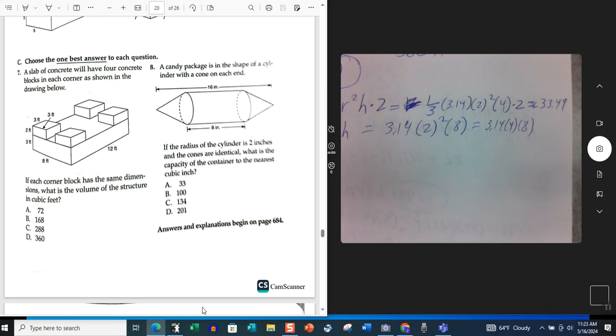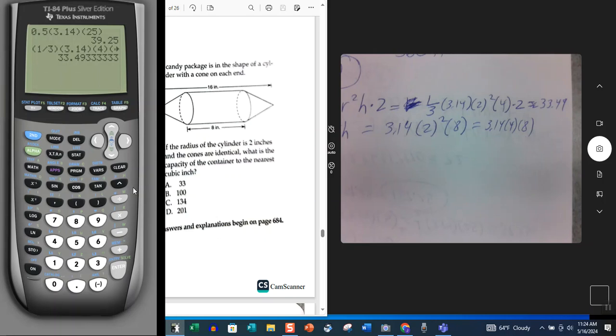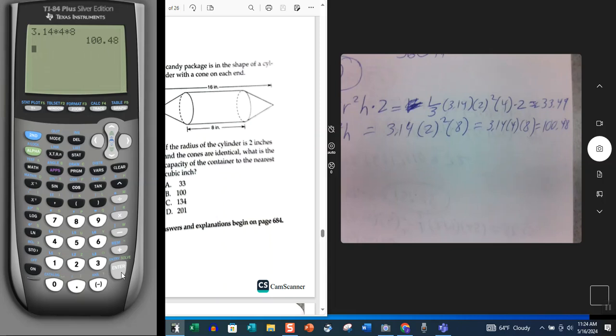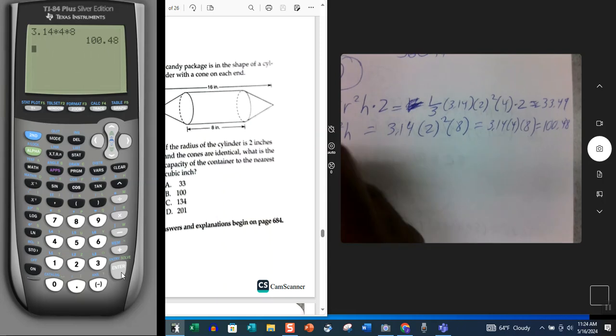All right, so we could put this in our calculator. 3.14 times 4 times 8. And that gives 100.48.